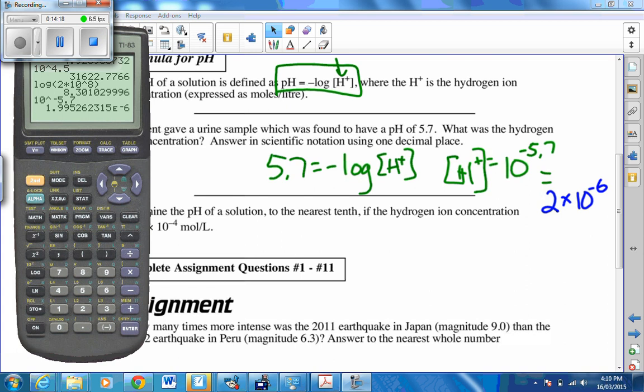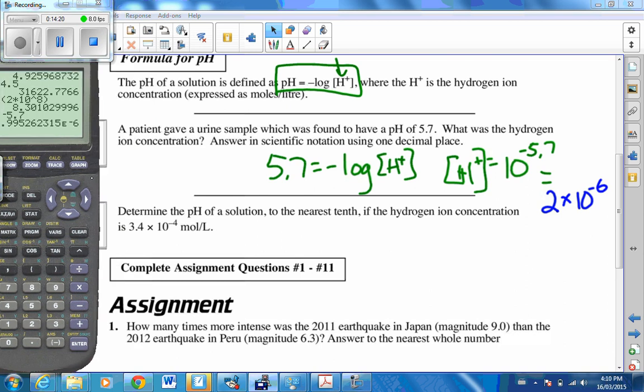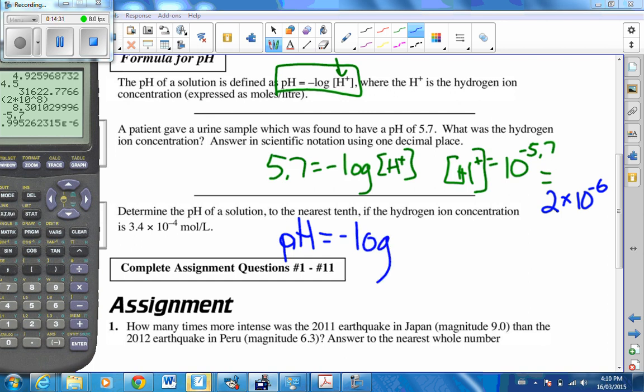this last one here, determine the pH of a solution to the nearest tenth if the hydrogen ion concentration is that. Well, again, pH equals negative log of the concentration.